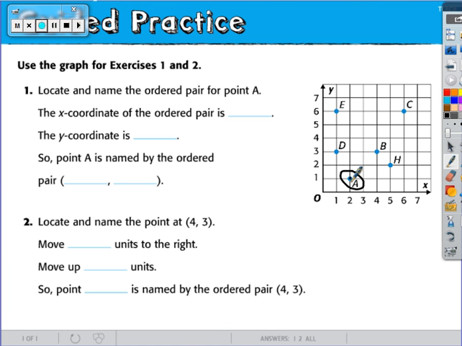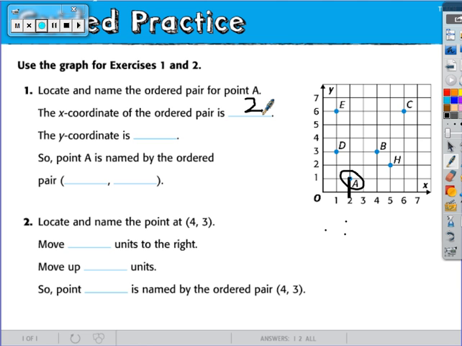Not to the right. Down. So where do I end up? 2. So the x-coordinate of the ordered pair is 2.